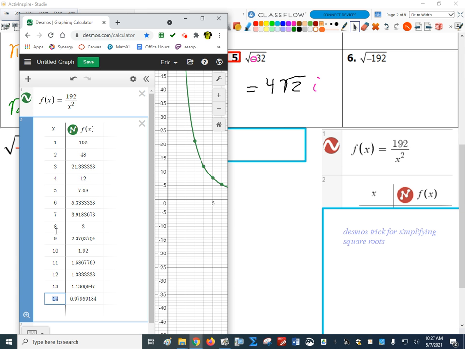It's also equal to 8 squared times 3. That's pretty useful because the numbers in the left column are all going to end up being perfect squares, right?